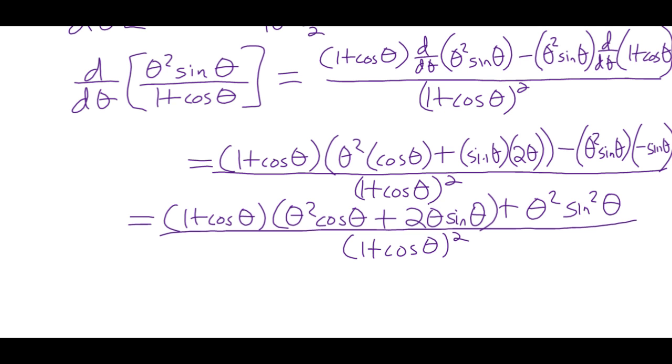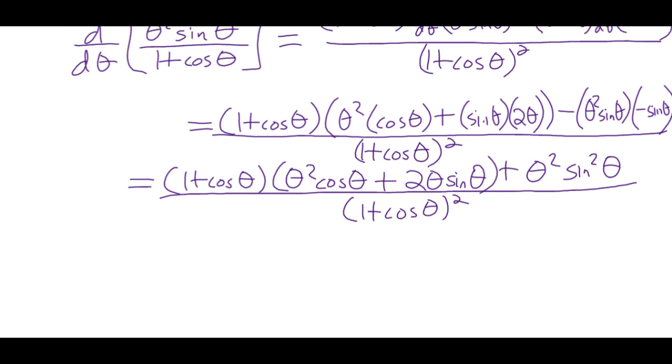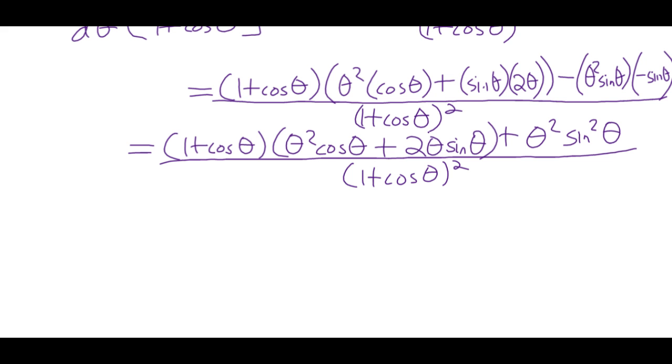But now we've got to evaluate this. So we want to evaluate this at pi over 2. Okay, so when theta is pi over 2, we're just going to rewrite this exactly, except where we see theta, we're going to put in pi over 2. 1 plus cos pi over 2.